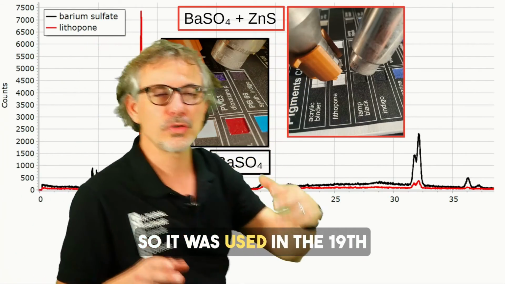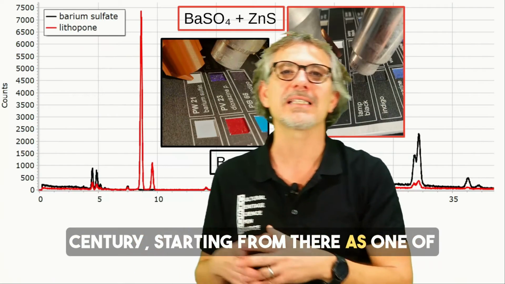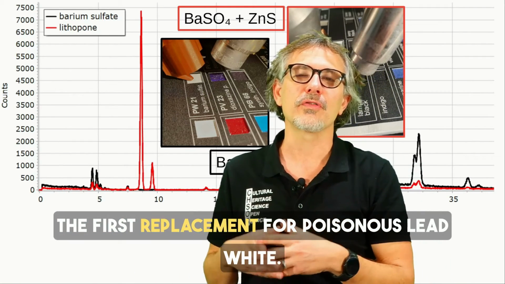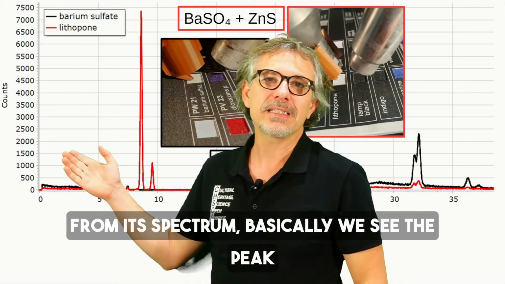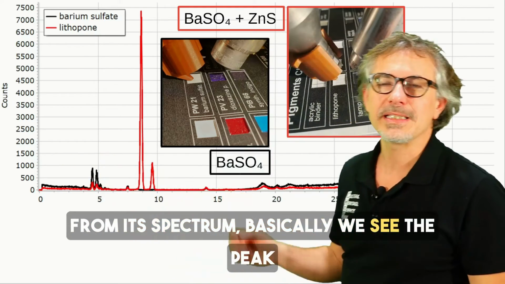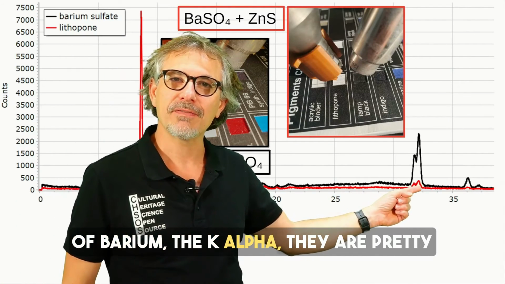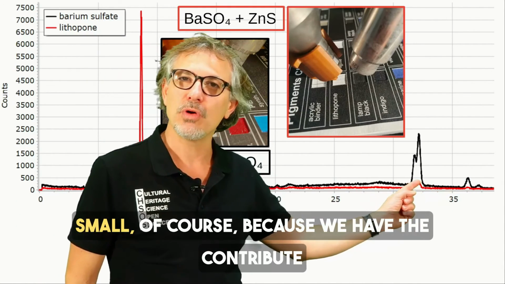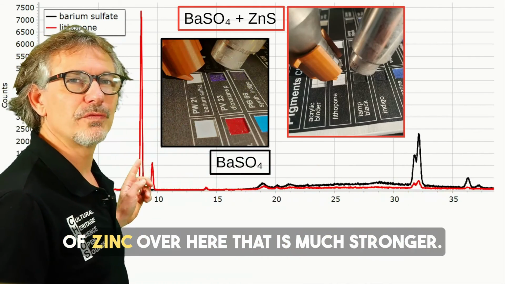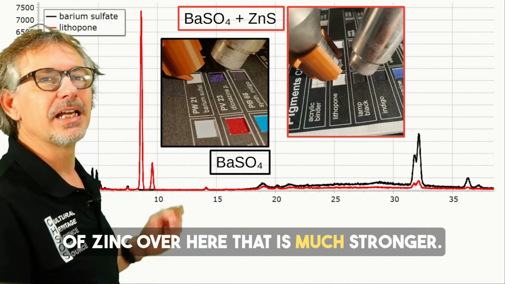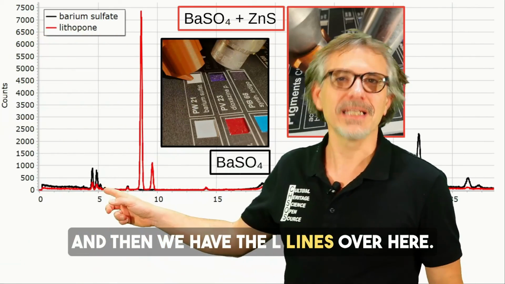It was used in the 19th century, starting from there, as one of the first replacements for poisonous lead white. From its spectrum, basically we see the peak of barium, the K alpha. They are pretty small, of course, because we have the contribution of zinc over here that is much stronger, and then we have the L lines over here.